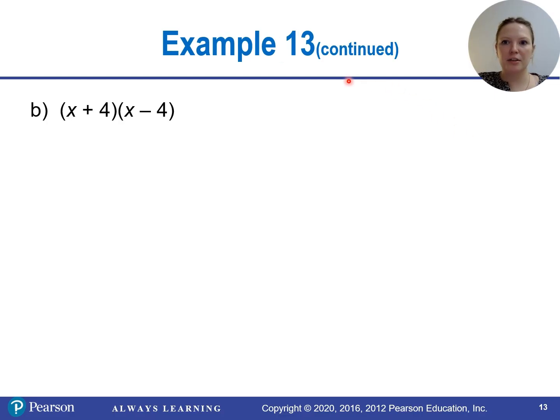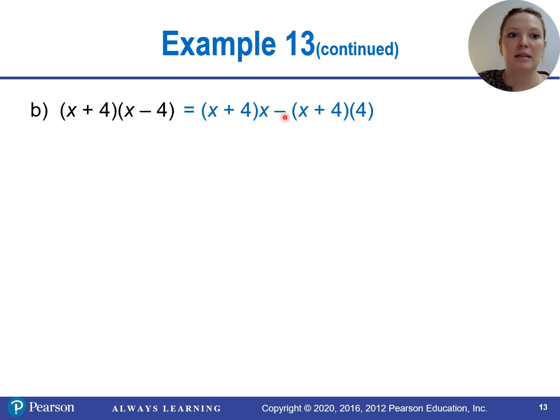Okay, so here's another example. If we have (x plus 4) multiplied by (x minus 4), we might start by distributing x plus 4 as one unit across the subtraction of x minus 4. So if we did that, then we would have (x plus 4) times x minus (x plus 4) times 4.